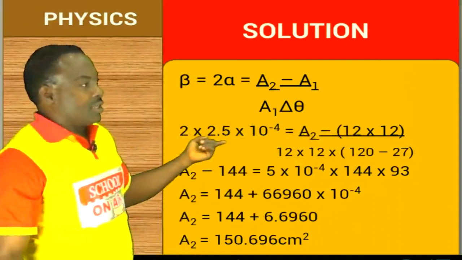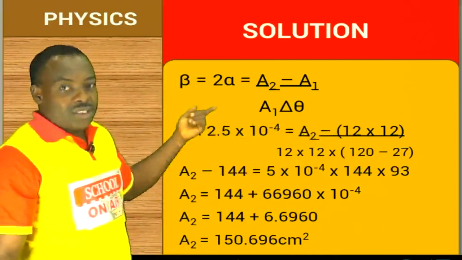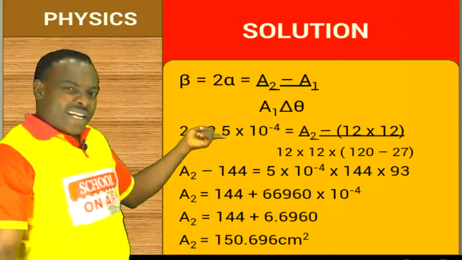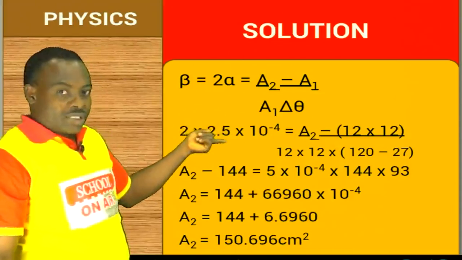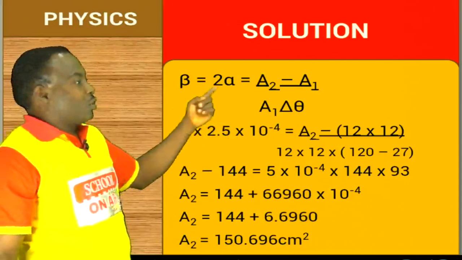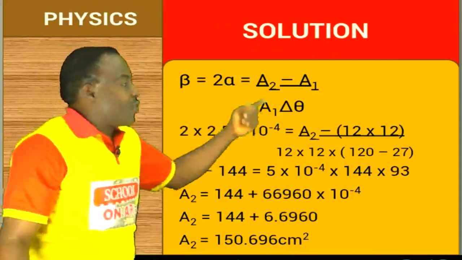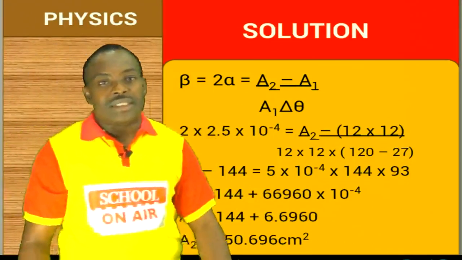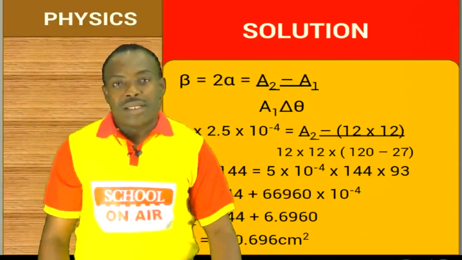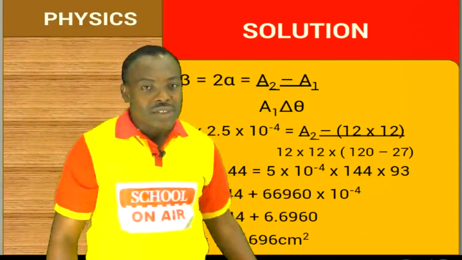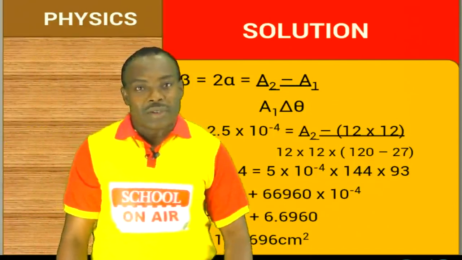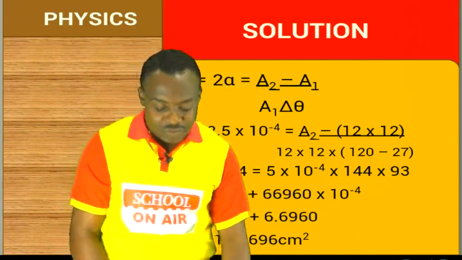In some cases under area expansivity, you will not be given the area expansivity, you will be given the linear. You should know that you multiply it by 2. Then every other step is similar to what we treated in the last class when we were talking about linear expansivity. I think this gives us an insight into what we are discussing under area expansivity.